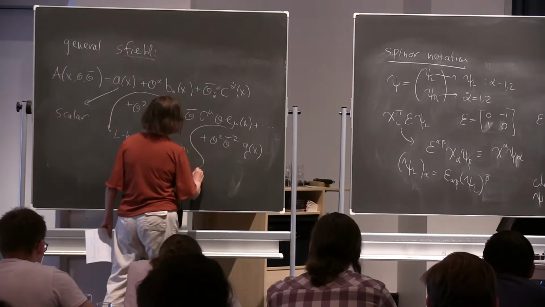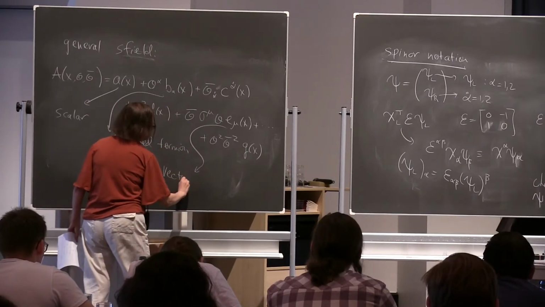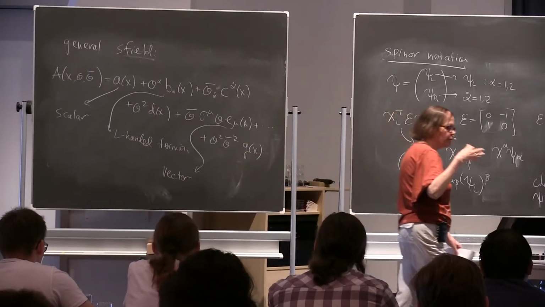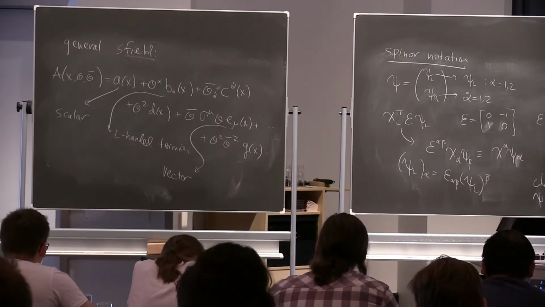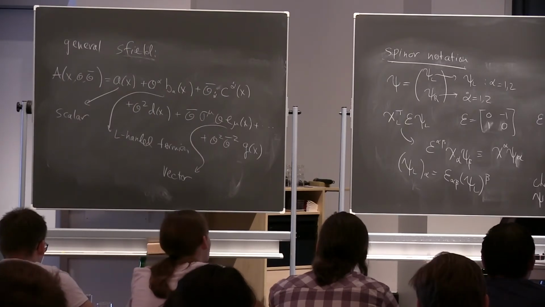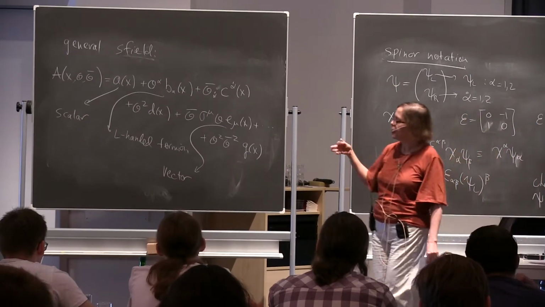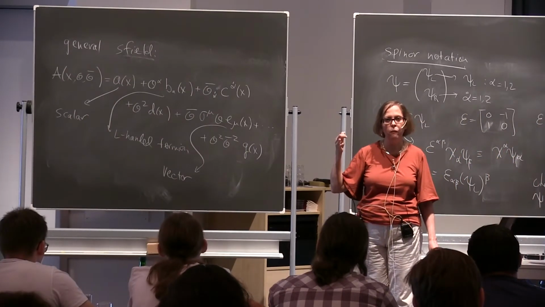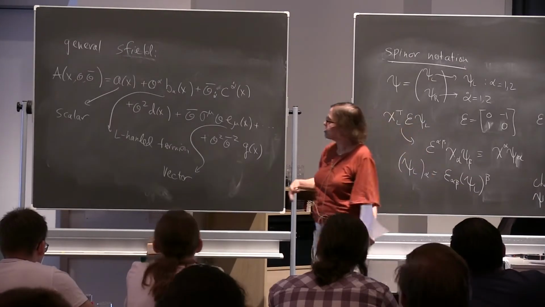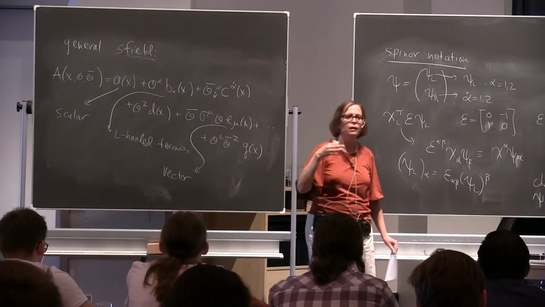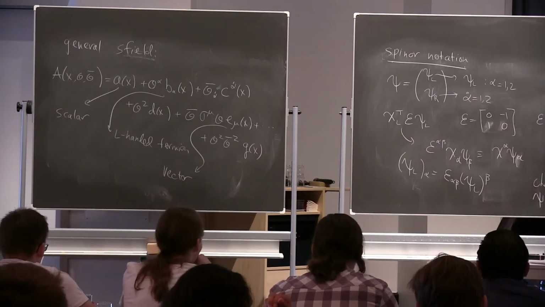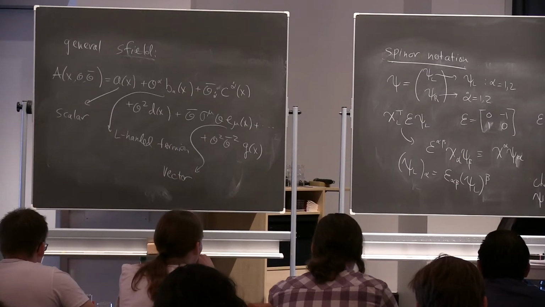This guy over here is a vector. And so in the same superfield, we have fields that carry different spins, which is exactly what you'd expect, because a supersymmetry transformation takes one spin to another. So in the same superfield, in the same supermultiplet, we should have things that have different spins, and they should transform into each other under the SUSY transformation. Is that clear?